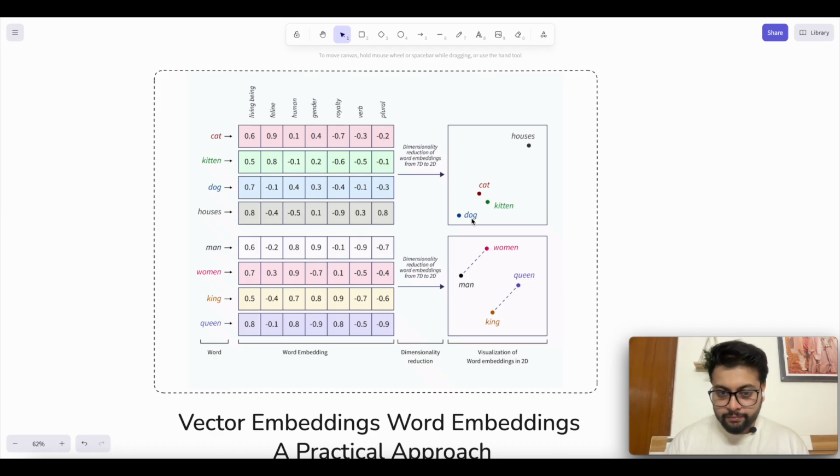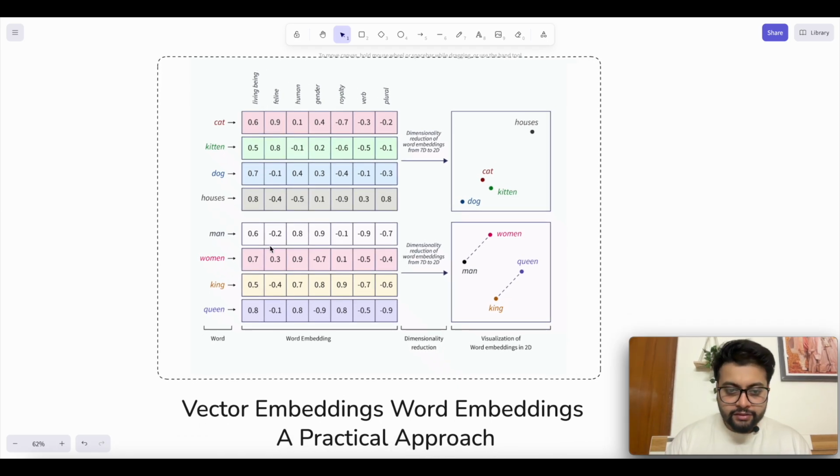One more interesting thing to note is that man, women, king, and queen are also determined by a series of numbers or vectors, and once we reduce the dimensions of this embedding from 7 dimensions to 2 dimensions, you can see that the embedding also maps the relationship between two words very accurately.